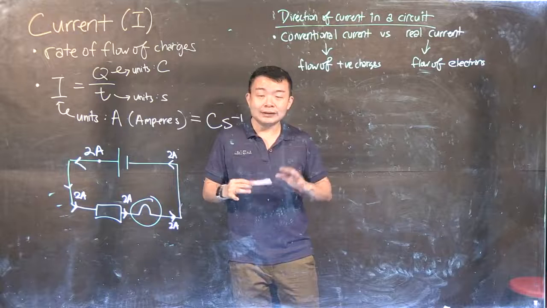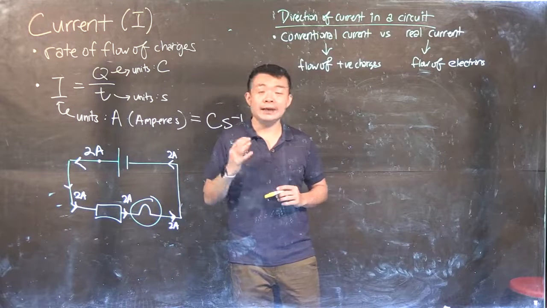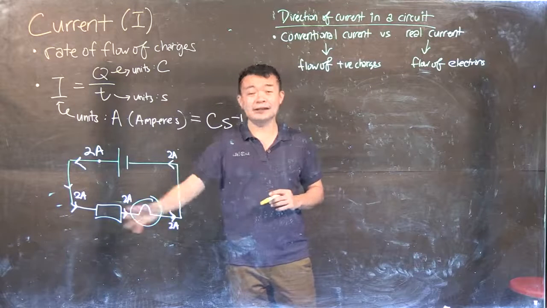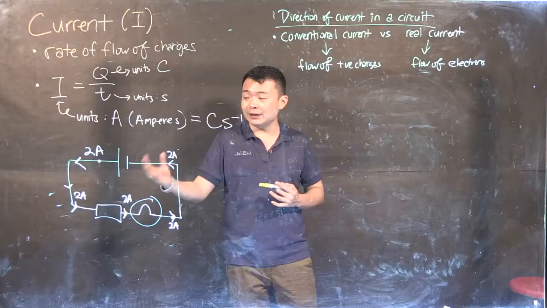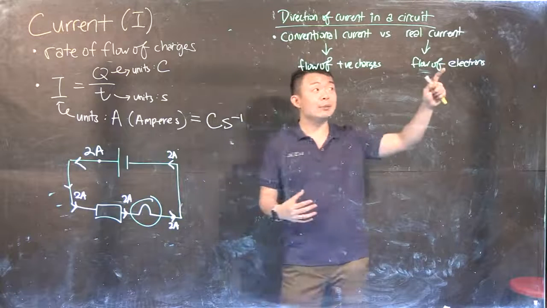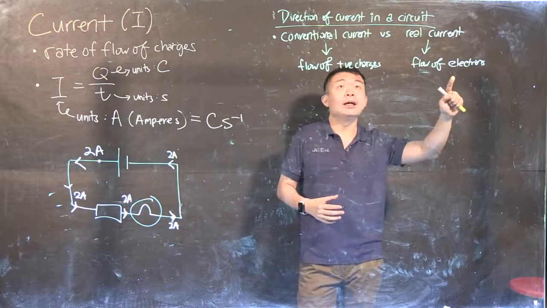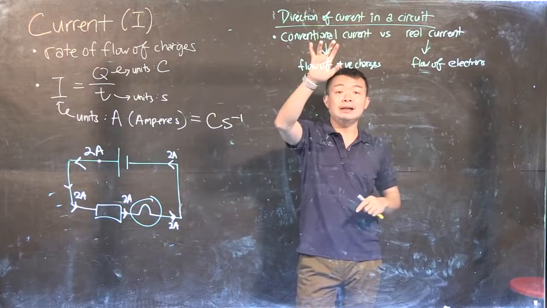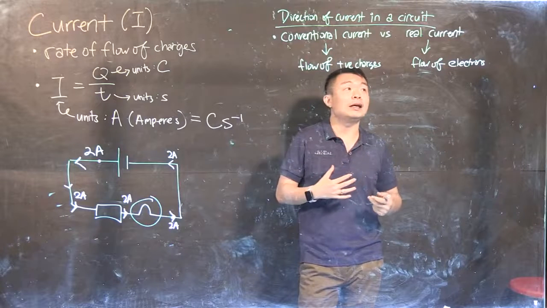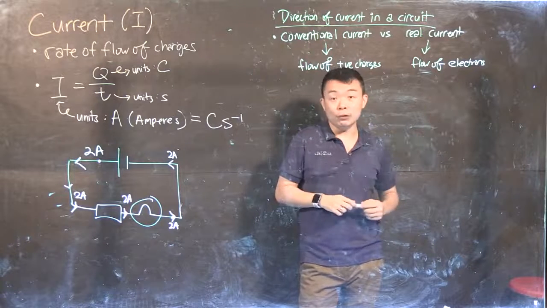So it took scientists a while before they realized that, hey, protons can't really move around a circuit. What actually moves around the circuit are the free moving electrons. So conventional current direction is therefore opposite to the direction of electron flow.